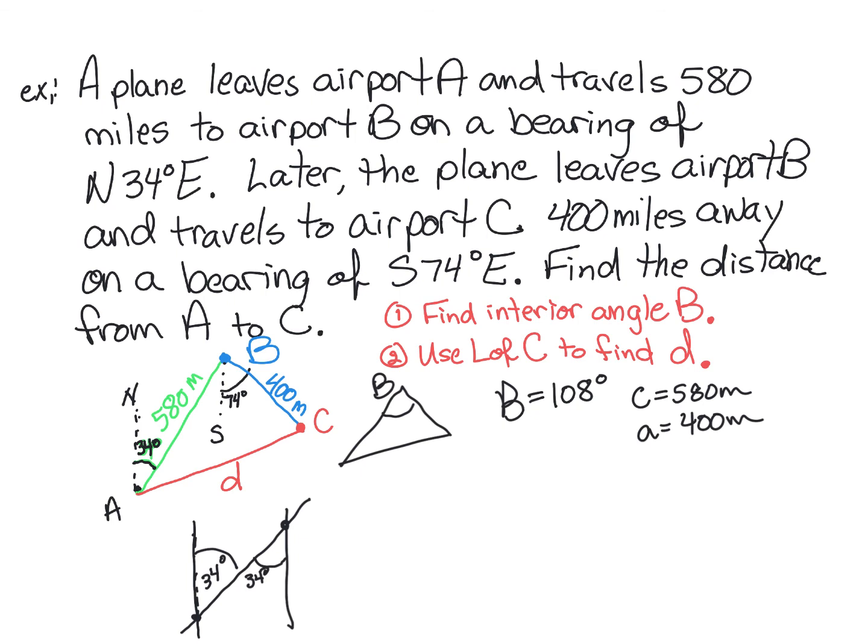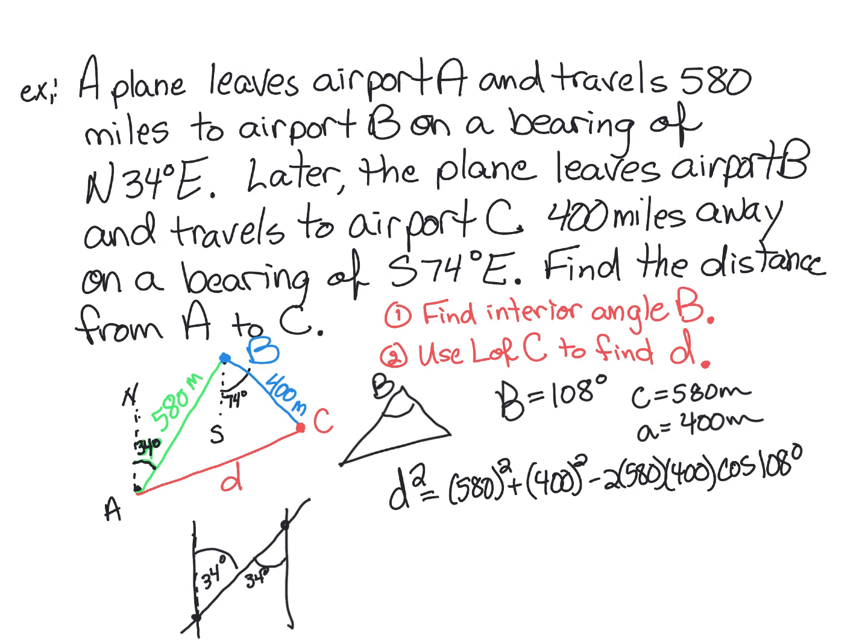So we have D squared equals the other two sides squared added together minus 2 times the other two sides, not angles, cosine of the opposite angle. There you go.